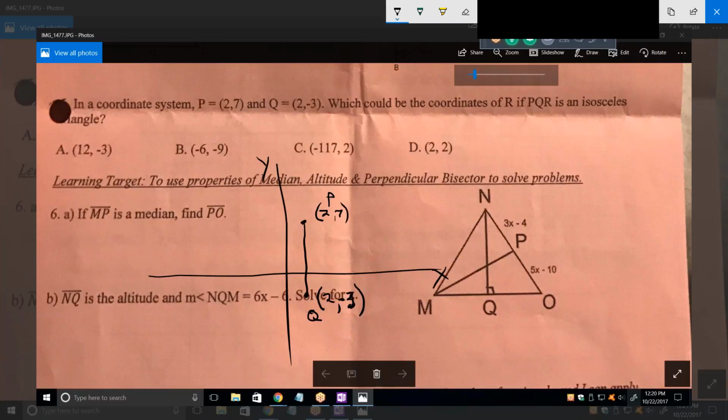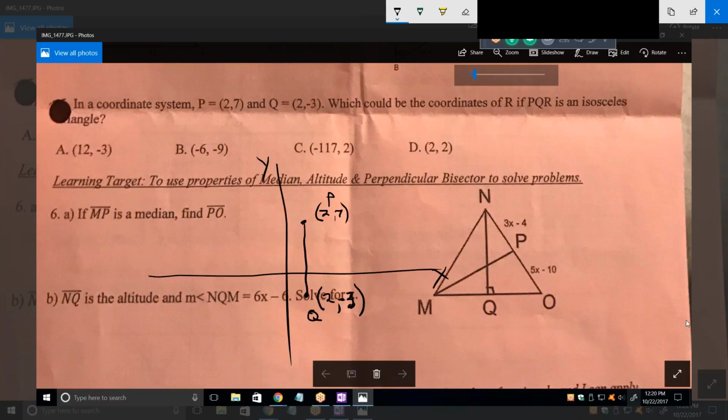They're saying there is some R out here that, if I make a triangle, it'll be isosceles. Clearly if R is there, it might be isosceles, because this length could be the same as that length. So what we really have to do is try these points rather than do much in the way of equations, although we'll get to that with one of them, I guarantee it.